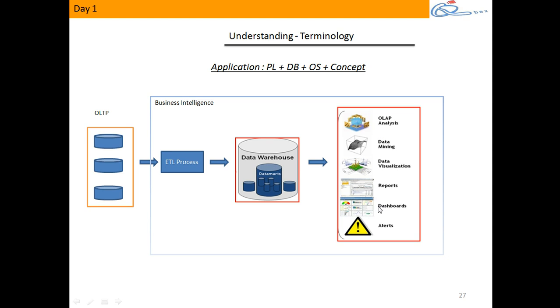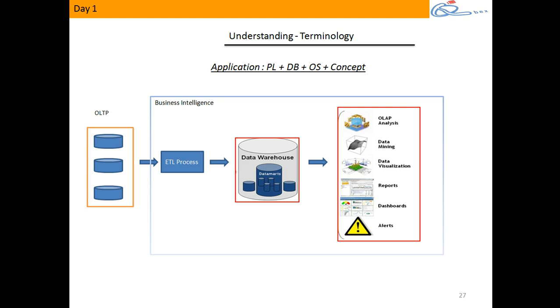BW can do ETL, modeling, and reporting. It is an end-to-end data warehousing solution. BW can do extraction, modeling, reporting, mining, planning, all those things. So BW is an end-to-end data warehousing application.